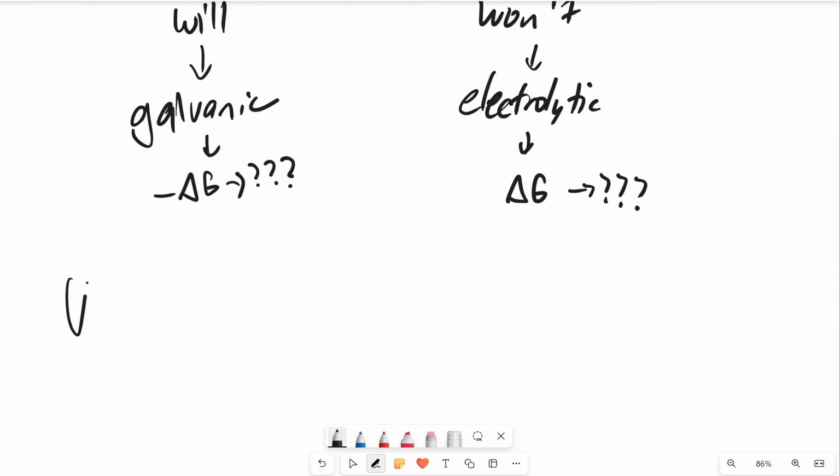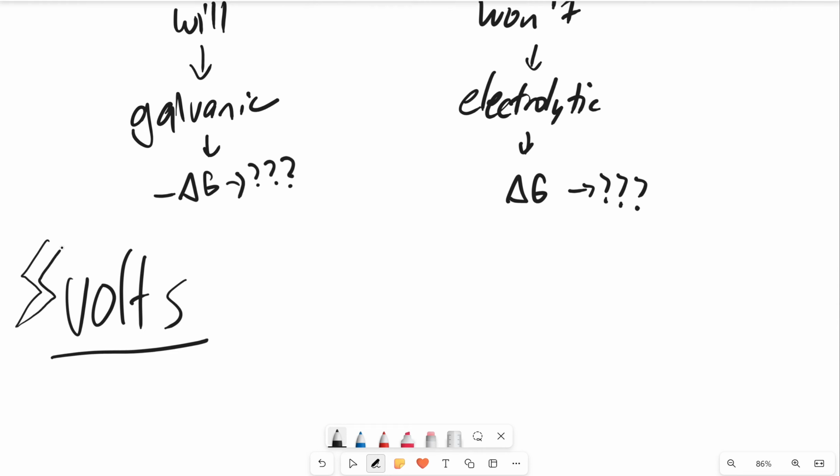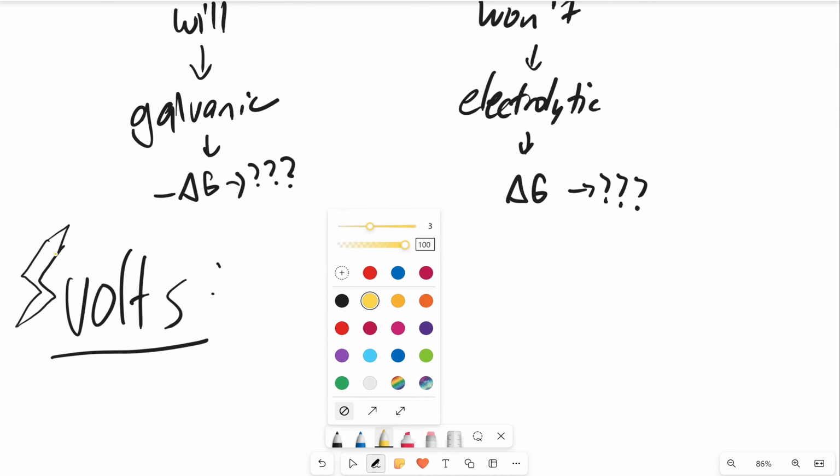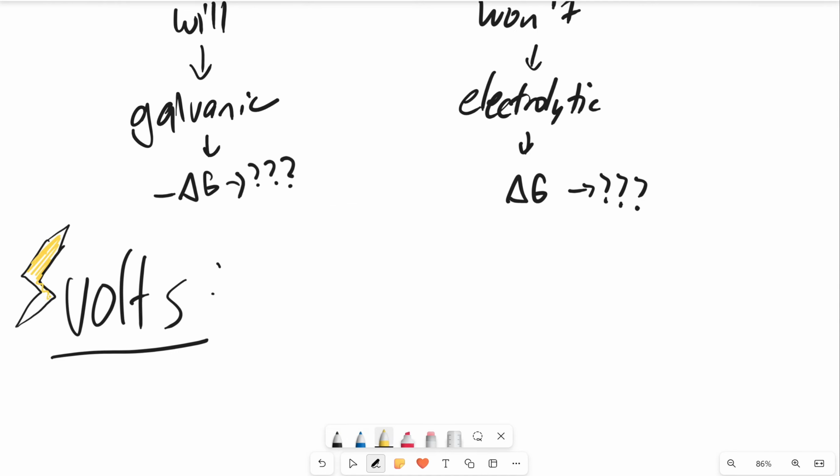So instead, most of us consider electricity in volts, right? Shocker. Haha, get that pun? Man, I wish I could draw. Volts. That's a lightning bolt, I swear. Boom, it's a lightning bolt. And so the way we have to think about it is positive E cell.